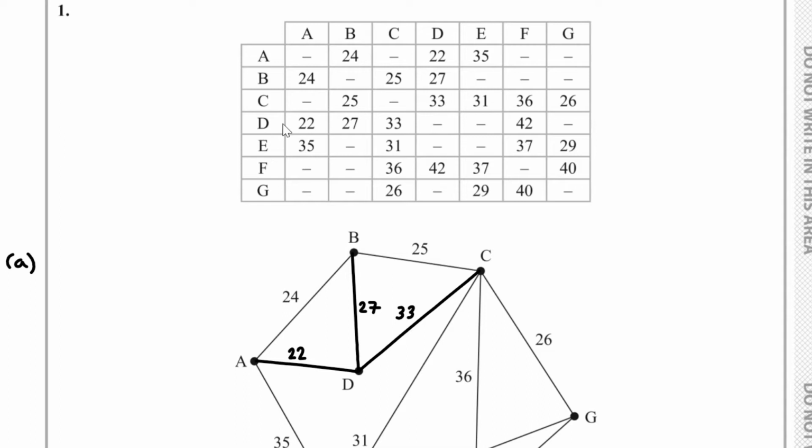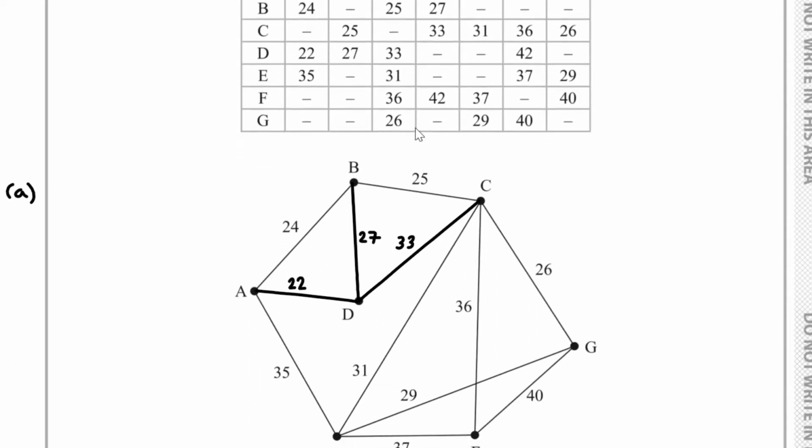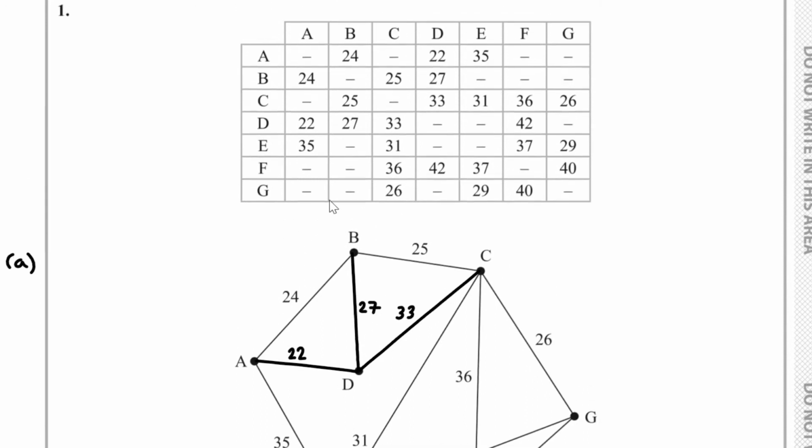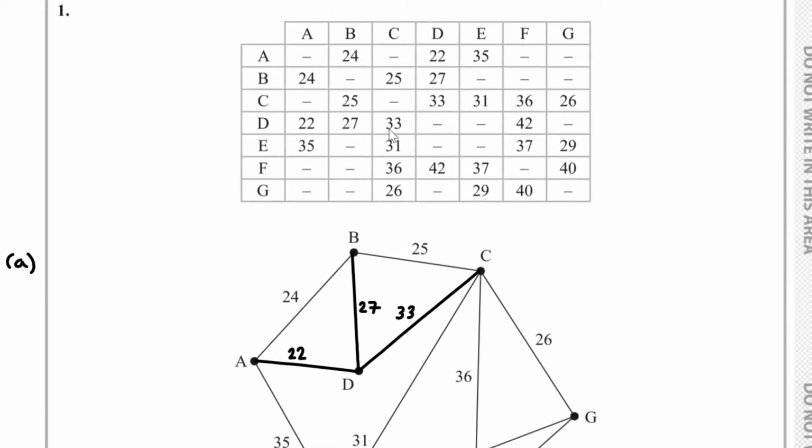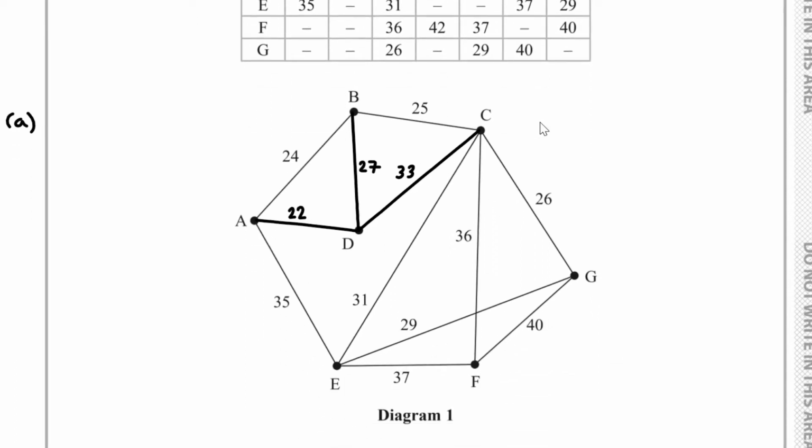We can't go from D to D directly. Now if we take a look at DE, the dash over here indicates we can't go from D to E directly. Let's take a look at DF. You can see that has a length of 42. So DF has length 42.